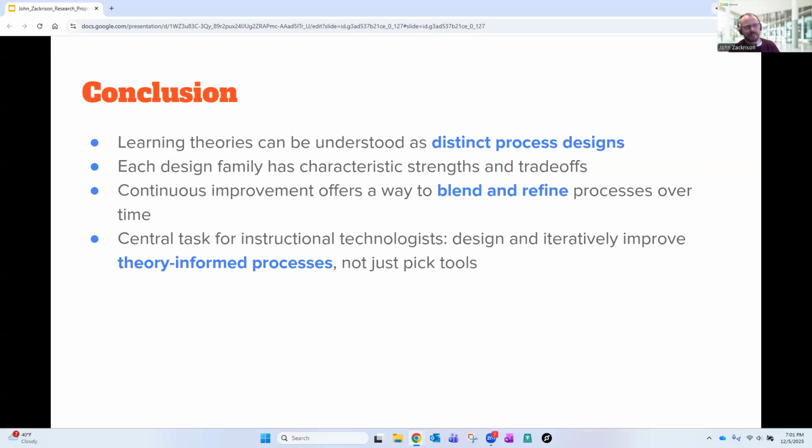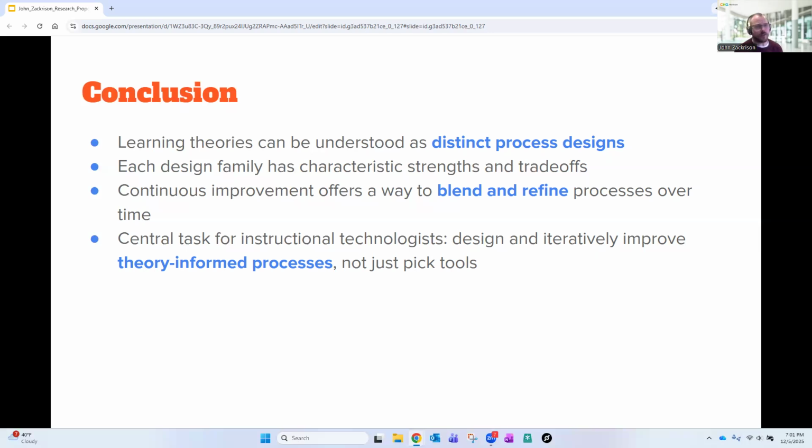Behaviorist and cognitivist designs often offer structured, efficient paths to foundational knowledge and skills. Constructivist and constructionist designs support deeper understanding through inquiry. And then a continuous improvement lens provides a way to investigate these perspectives in practice.